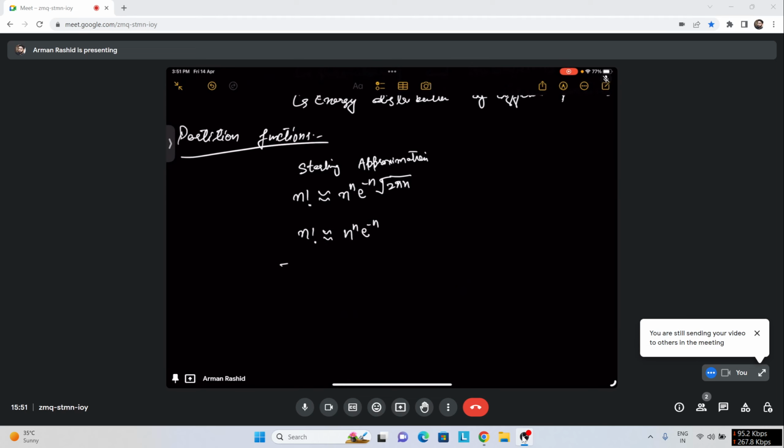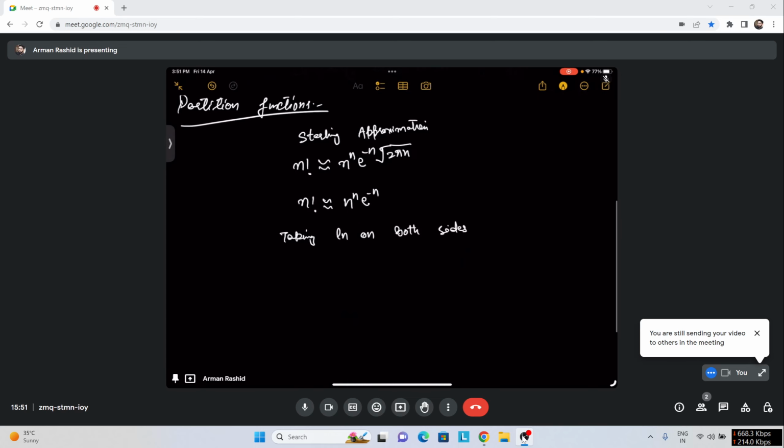Okay, so we'll get ln of n factorial is given by ln of n raised to the power n plus ln of e raised to the power minus n.